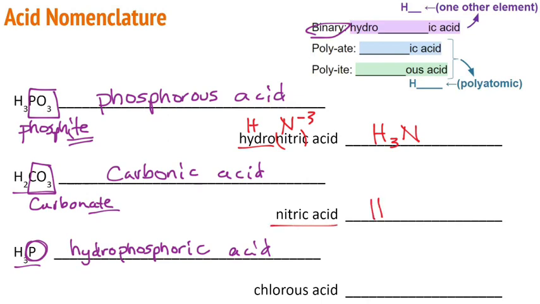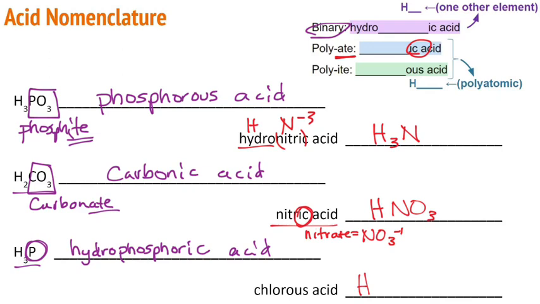There's no hydro there, but the formula still always will start with an H because it's an acid. But if this is nitric acid, this is a polyatomic, and that ic ending there means that that's the ate version of our polyatomic. So if we go look at nitrate, that's NO3 with a -1 charge, so that's just HNO3. The -1 technically crosses over, but it cancels out with that +1 immediately.